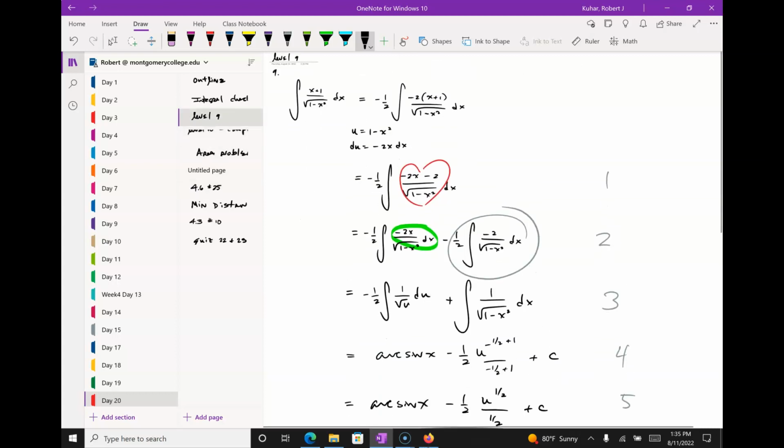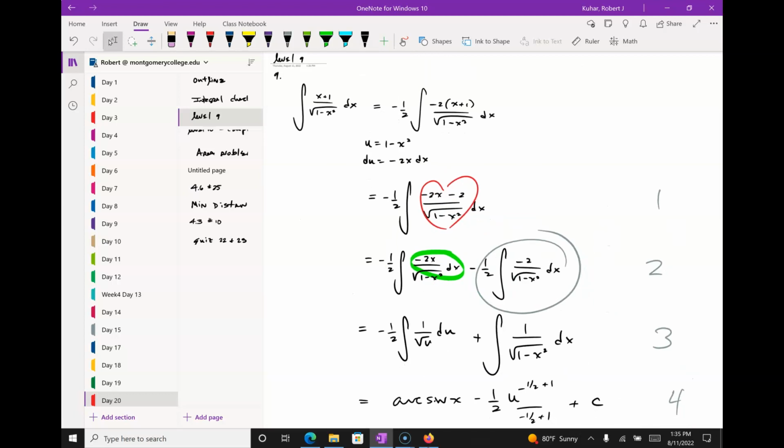First level of inverse trigs is just got to arithmetically fix it, right? We had to divide by 4. Next level is it'll be a U sub, but there'll be a leftover piece that will turn into our inverse trig. That's what we just did. And the next one is complete the square, and the last one is complete the square with a U sub. So 11 levels.